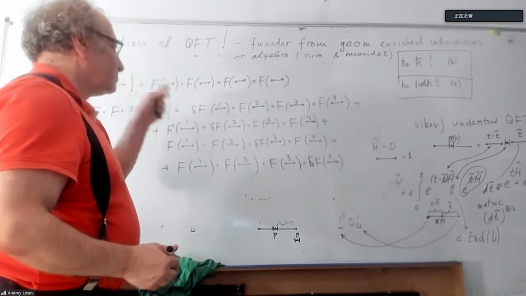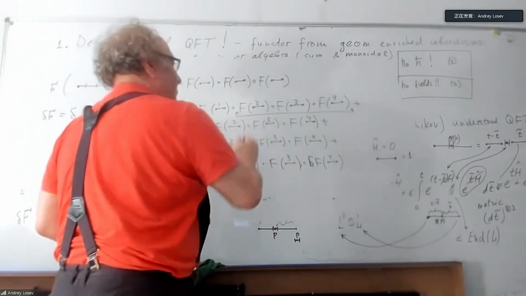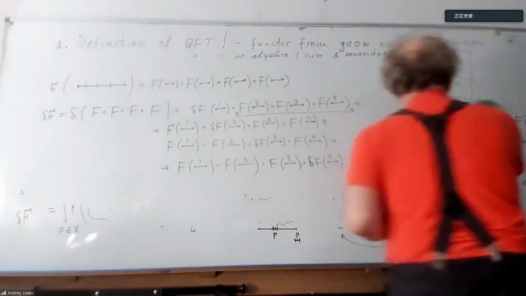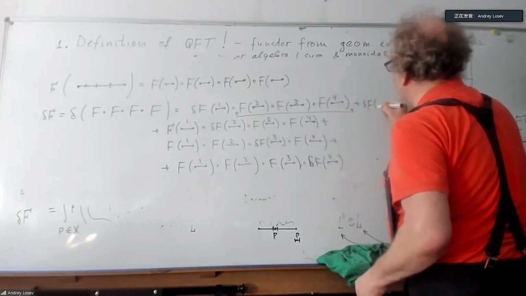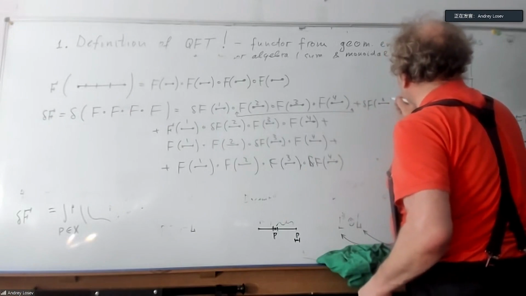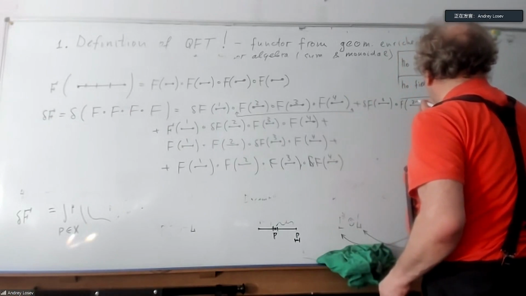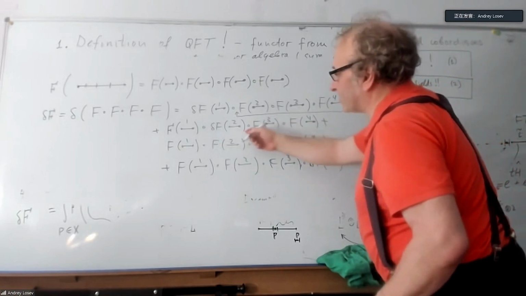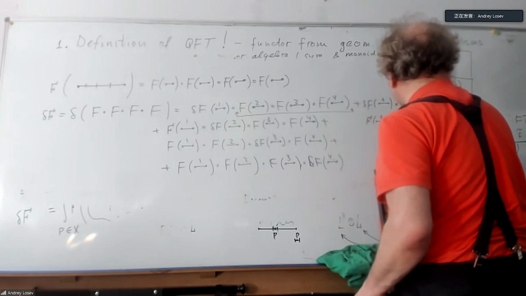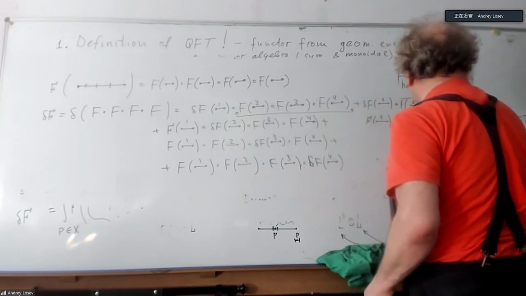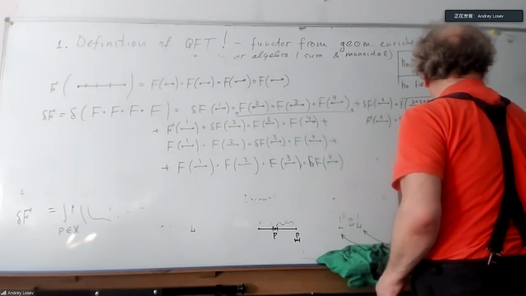Now I can use functoriality to simplify this. Here I have delta F at interval 1, and F on a longer interval, 2 plus 3 plus 4. Now, what stands here? I have F at 1, delta F at 2, and F on 3 plus 4.